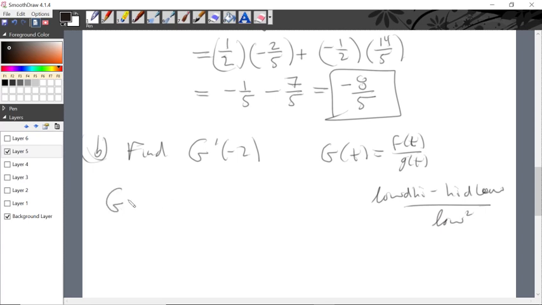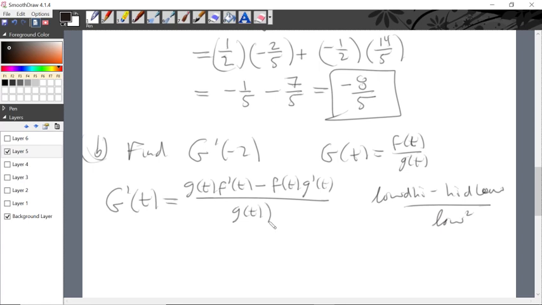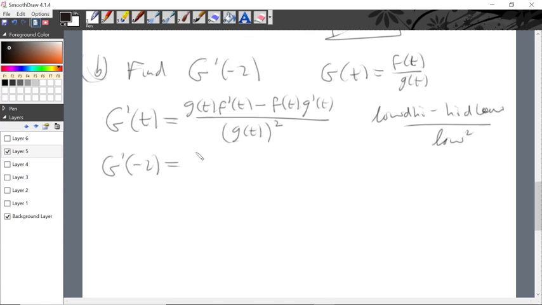Let's find big G prime of t. That would be low d high minus high d low over low low. And therefore big G prime of -2 is g of -2 times f prime of -2 minus f of -2 times g prime of -2 over g of -2 quantity squared.